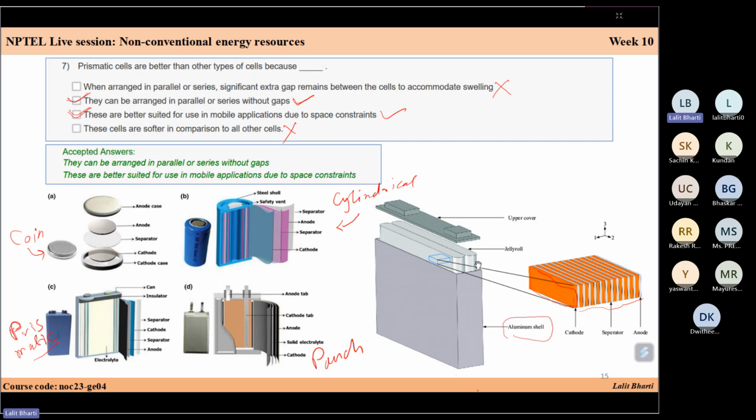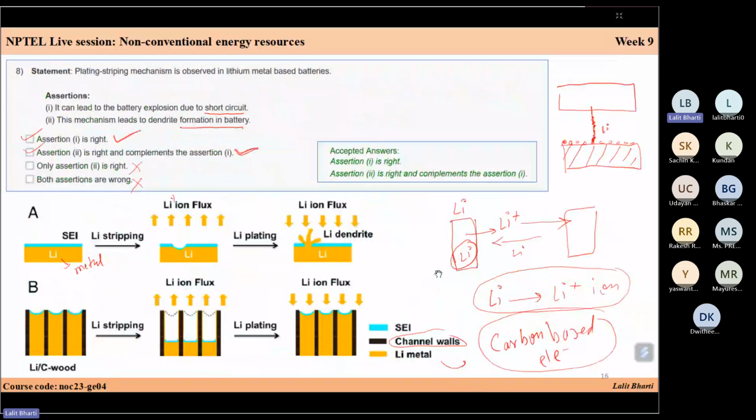So we have seen that they are very highly packed, so space constraint also applies. And these are softer in comparison to other cells. That is incorrect because these are not softer, but these have their own configuration. So options 2 and 3 are correct here.